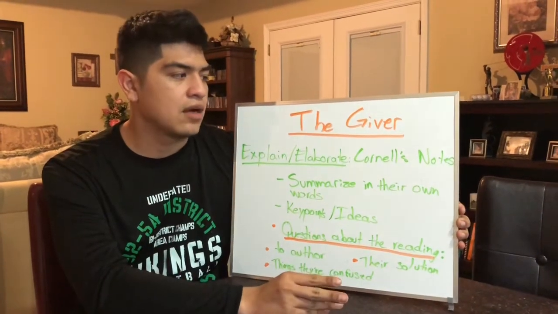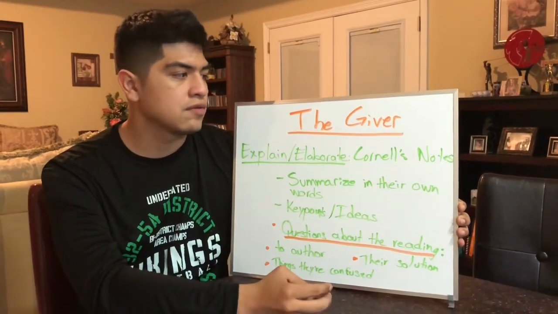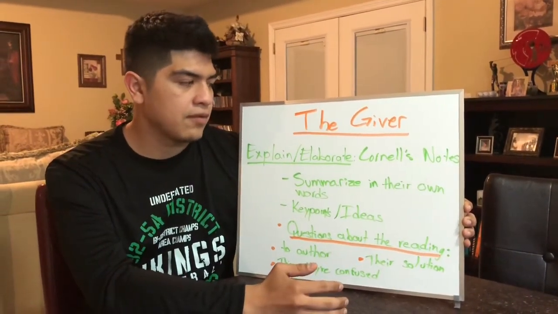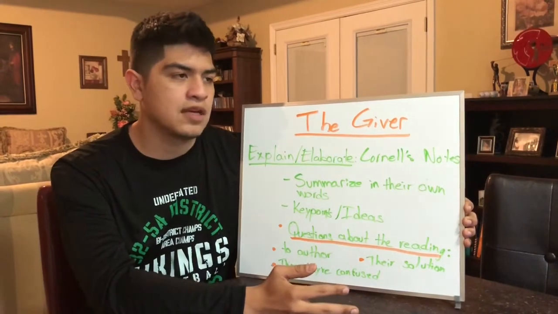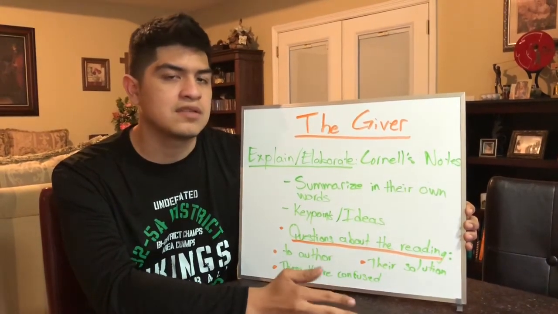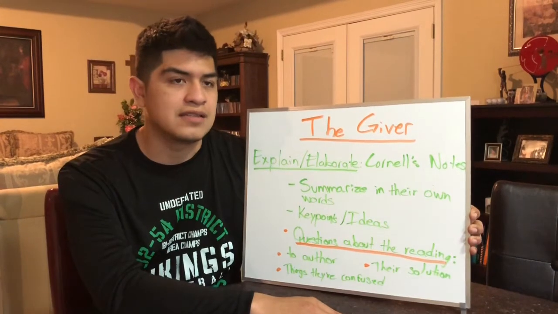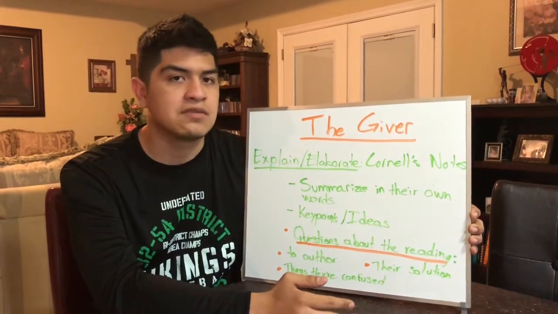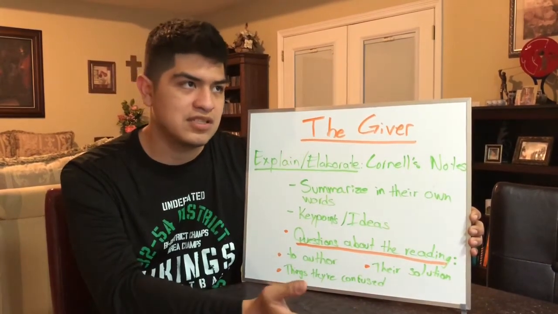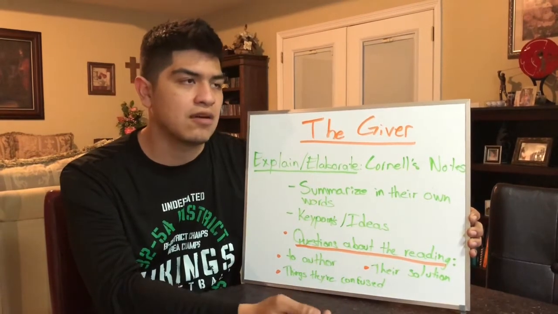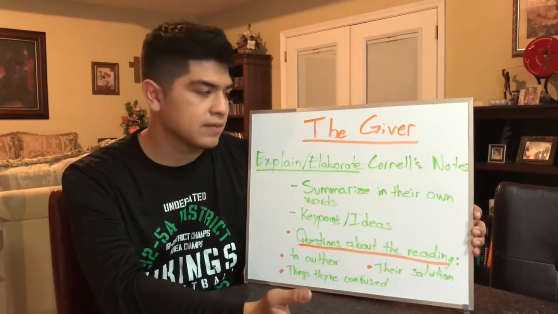For this, I would implement the Cornell notes. I really like this because it's a different way to take notes. It requires a deeper understanding and a deeper assessing of the questions and summaries that they have to make, which is different than just writing down notes or sentences from the book.